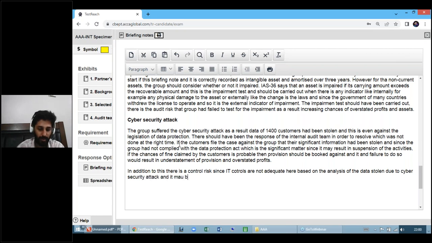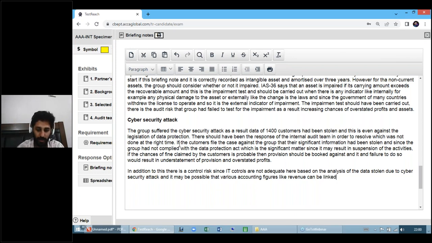It may be possible that various accounting figures like revenue, because revenue is the most important thing, the initial item of the income statement, and when your base is wrongly presented, there will be an impact on the profit as well.